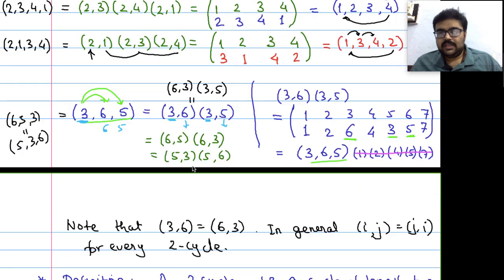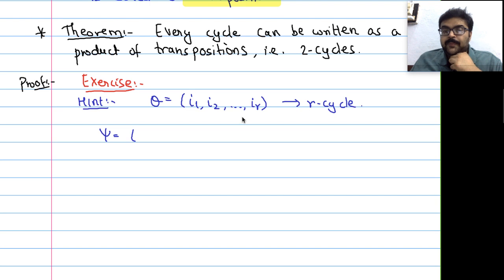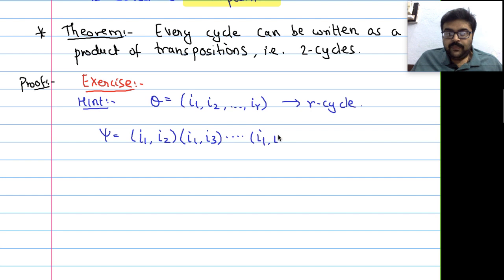So for (i1 i2 ... ir), I write psi as (i1 i2)(i1 i3)(i1 i4)...(i1 ir). It is not a comma, it is a product.